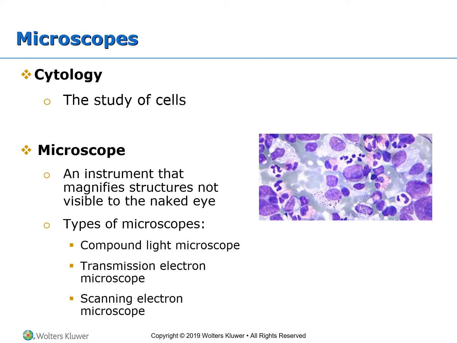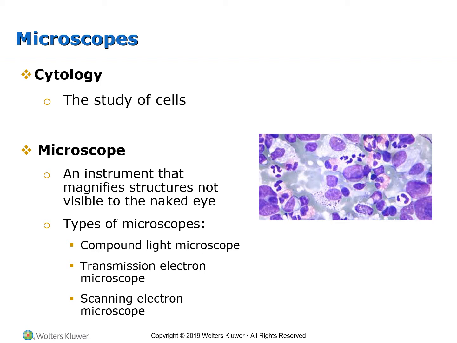In order to observe, investigate, and research cells, we need devices that will allow us to examine the structure of the cell, which, as you know by now, is extremely small. We use an instrument called a microscope. This instrument has the capability of magnifying structures and allowing us to examine those that are not really visible to the naked eye.